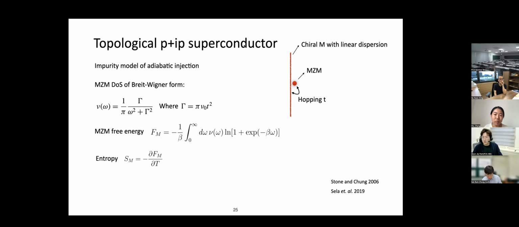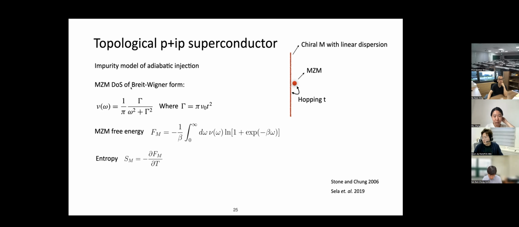When there's finite hopping between the two, we will get a broadening of the Majorana zero mode state, which has the density of states of the Breit-Wigner form. And you can see this is also a Lorentzian form where the broadening is given by capital Gamma, which is proportional to the density of states of this chiral linear mode and the square of the hopping amplitude.